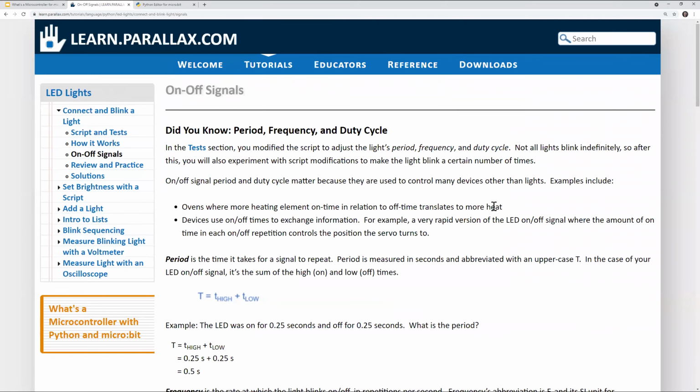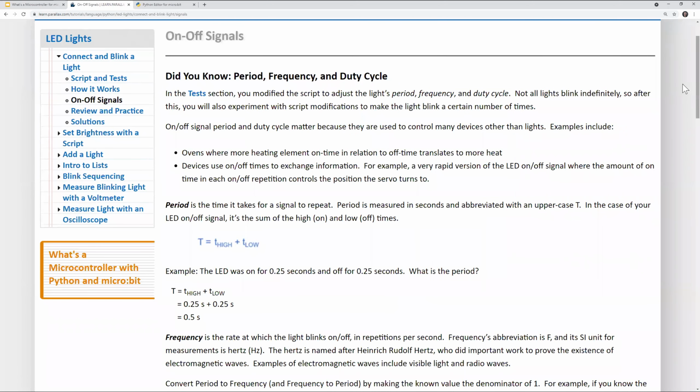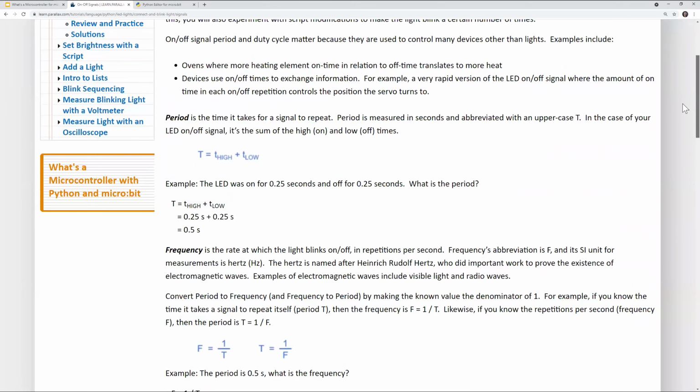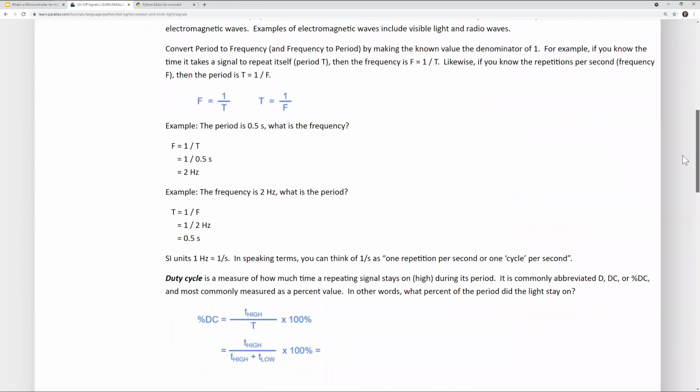Then there is talk about on-off signals and how they are measured in electricity and electronics. So we talk about the period. When something repeats like an on-off signal, it has a certain amount of time it stays on and a certain amount of time it stays off, and that's called the period. The frequency is 1 divided by the period.